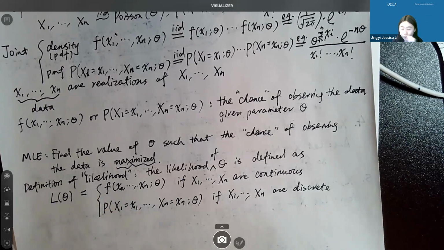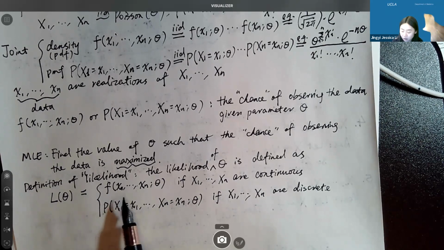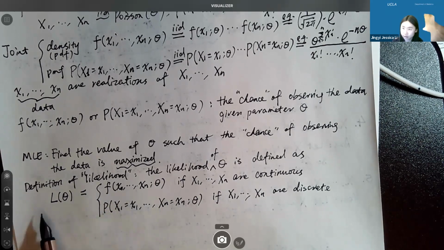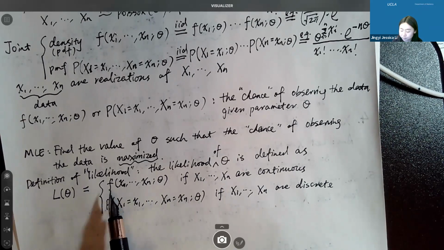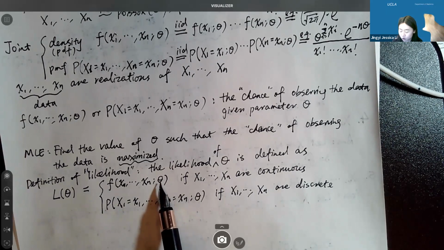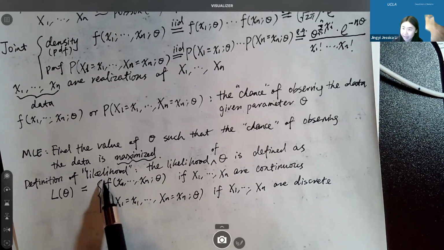In other words, there are two different functions by nature. The f function needs n arguments, while the function L only needs one argument. It's just that the function f itself is defined based on theta.